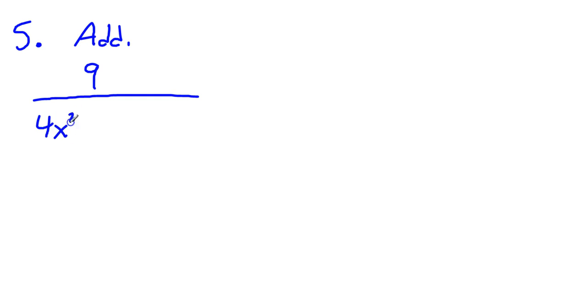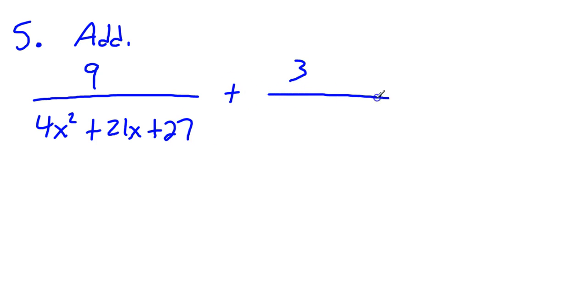Okay, number 5. Really should have almost gone with number 3, because they basically were the same questions. So for number 5, same deal as we had on number 3.